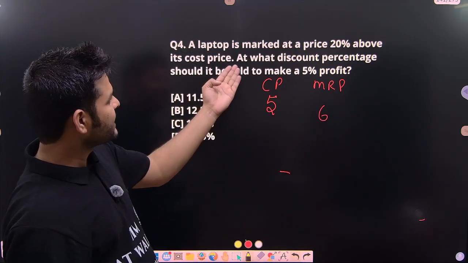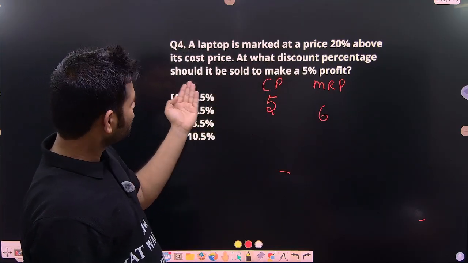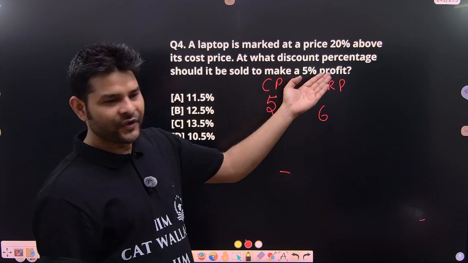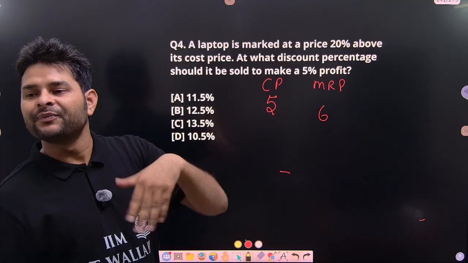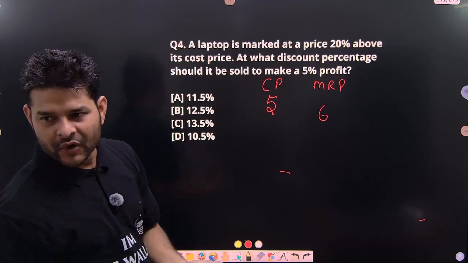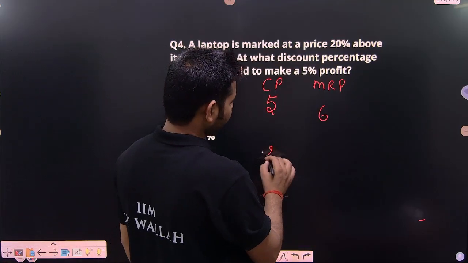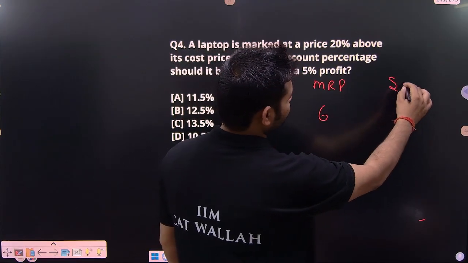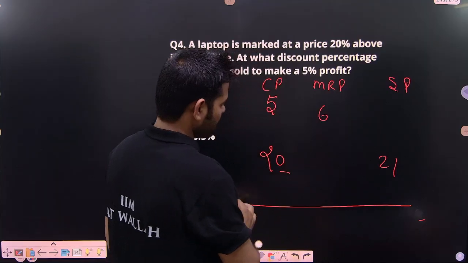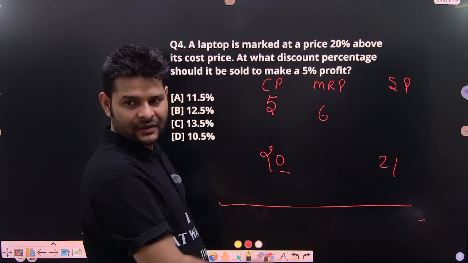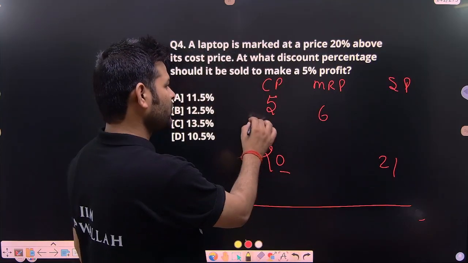Now in the second case, at what discount percent should it be sold to make a profit of 5%? So 5% means 1 upon 20, so 20 is CP, SP would be 21. So basically this is CP, this is CP, you need to make them equal, just multiply by 4.